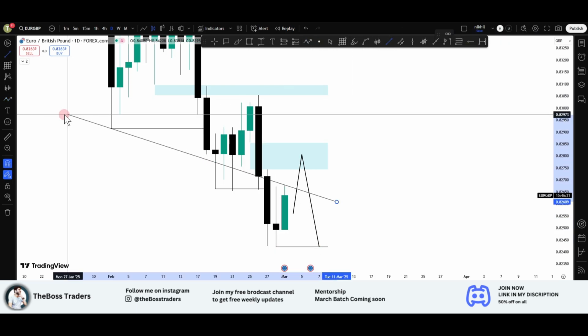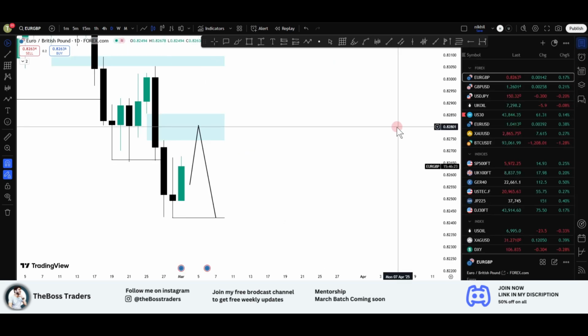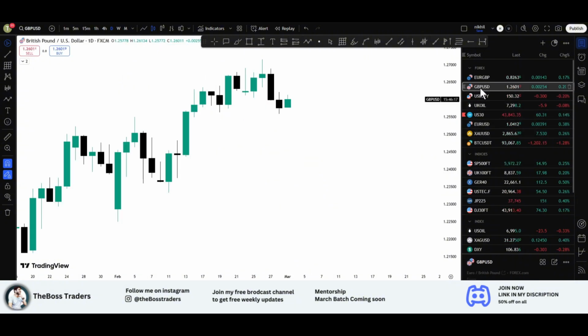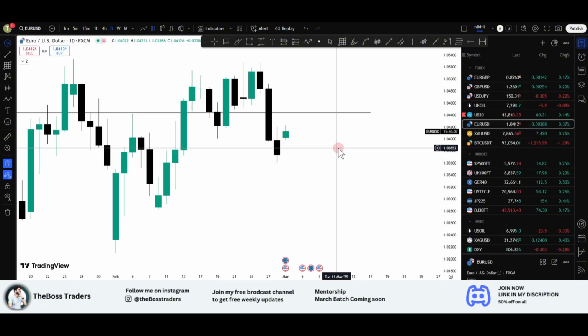So I'm not going to trade euro GBP, but it will give me a sign that euro is weak against the dollar. So that means I can take a short trade on euro rather than taking a trade on GBP. No doubt both show weakness, but euro is showing more weakness than GBP.